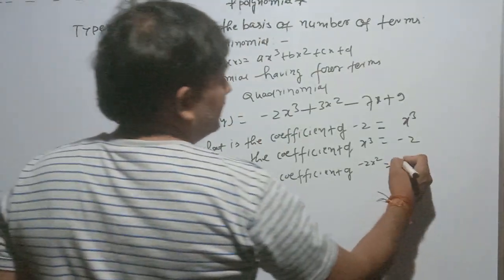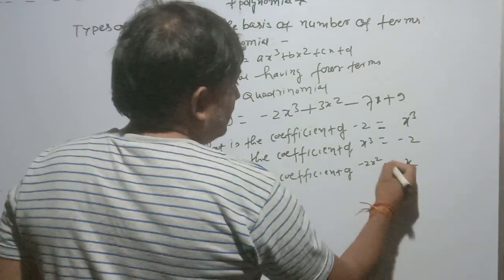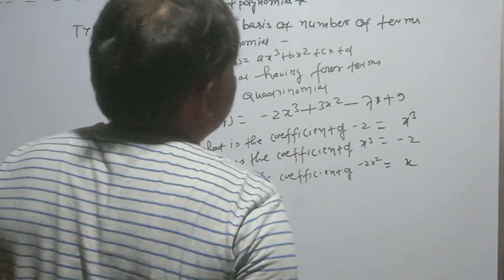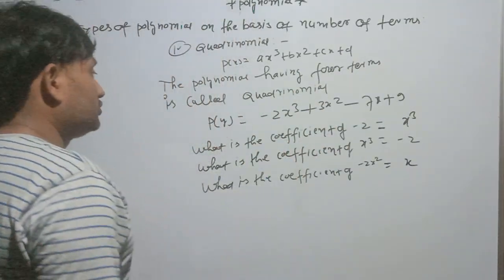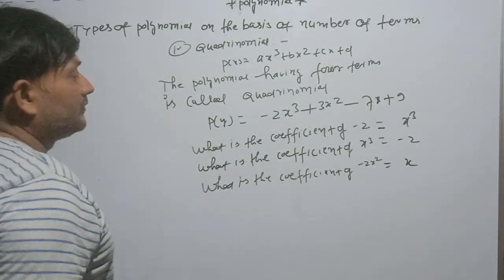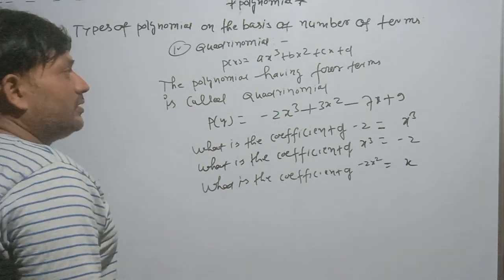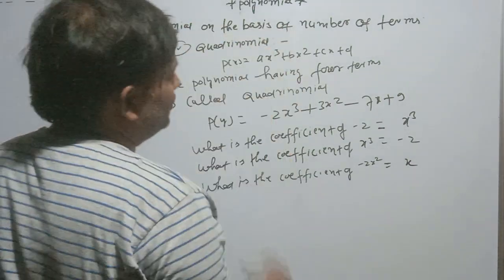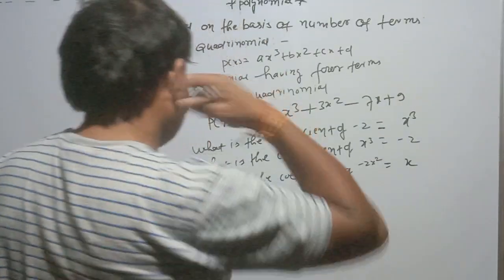So you can write x. Okay. Any type of question can come in the board examination, so you should be prepared. Getting? Now I think you have understood about the types of polynomial.